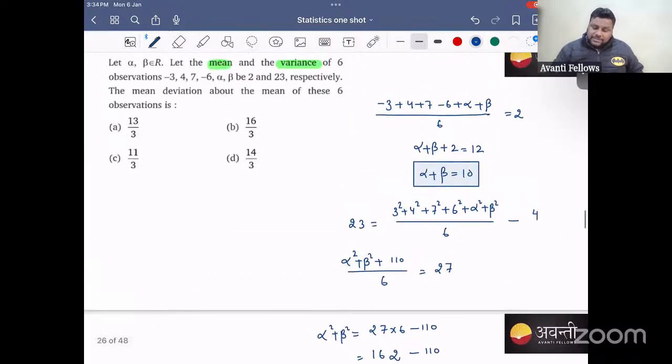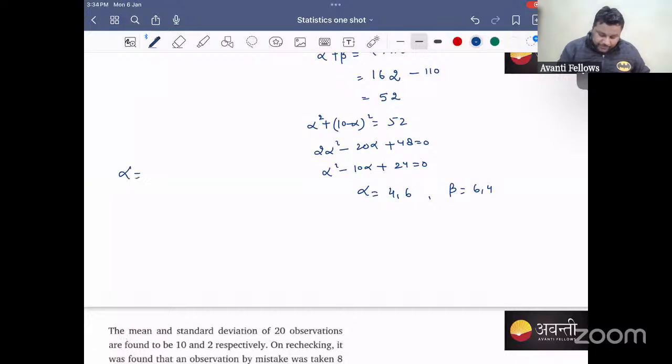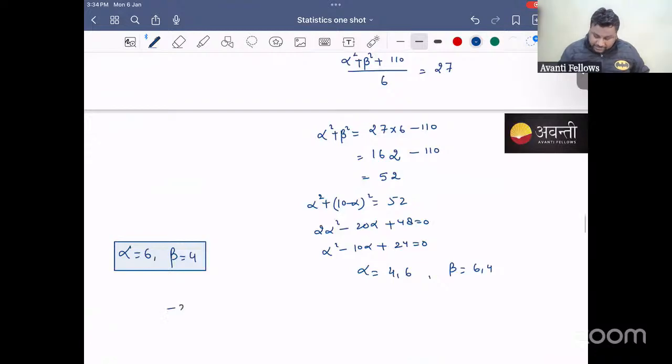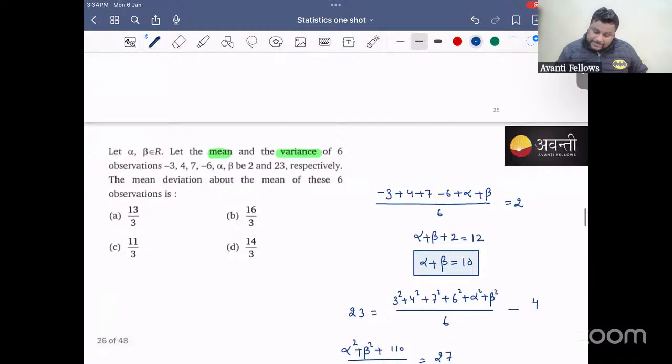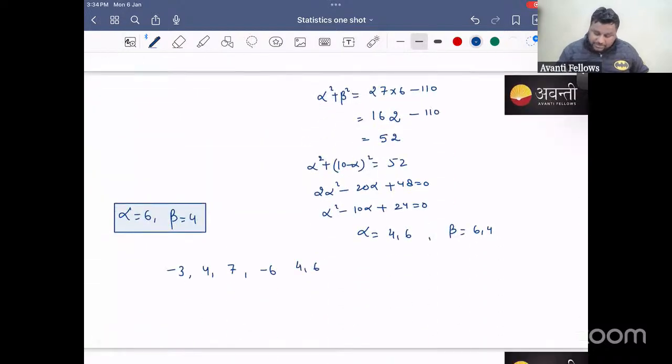Now let us assume alpha is 6 and beta is 4. Understood? Now the data became minus 3, 4, 7, minus 6, 6, 4.